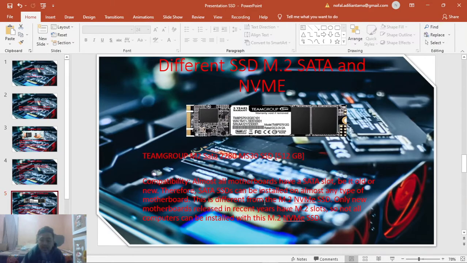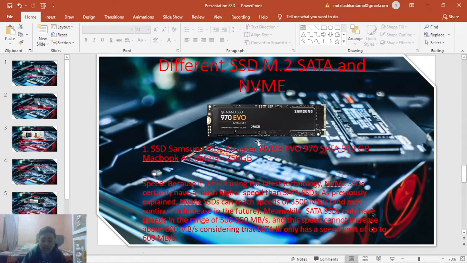This is the difference from the M.2 NVMe SSD. Only new motherboards released in recent years have an M.2 slot, so not all computers can be installed with this M.2 SSD. Okay, so this is the picture of the SSD M.2 NVMe.